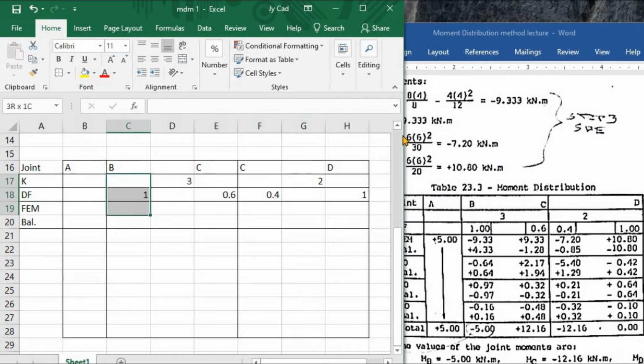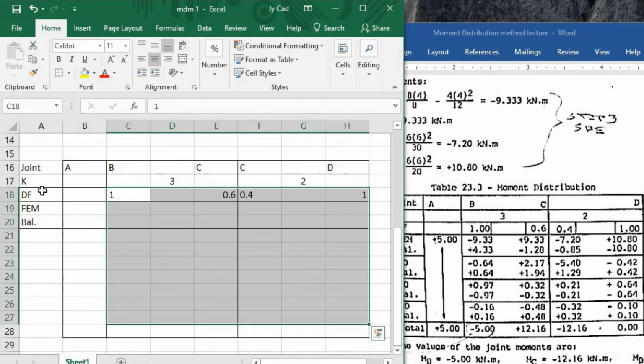Okay, next is, pwede na natin tong i-align left. Ito naman, align right. Ito, align left. This one, align right. And then yung mga K, center align natin.